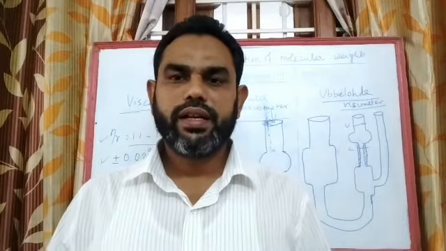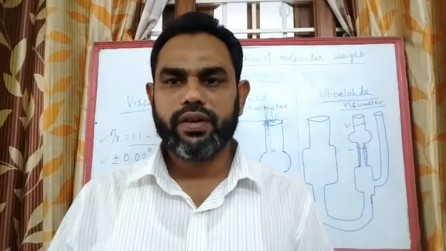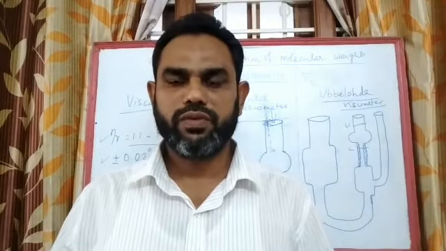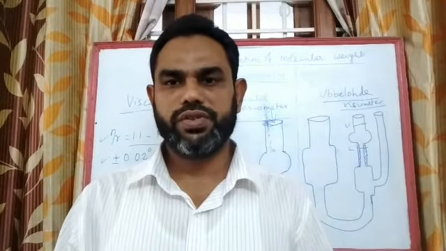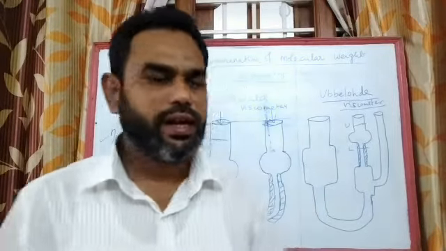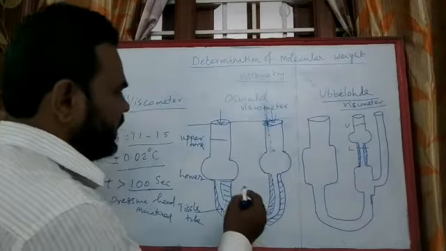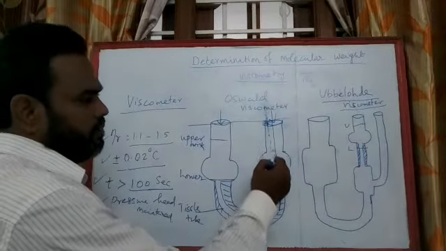Then first you must find the flow time of the particular solvent in which you prepare the polymer solution. The plain solvent should be taken in the Ostwald tube. Always take it in the smaller bulb.